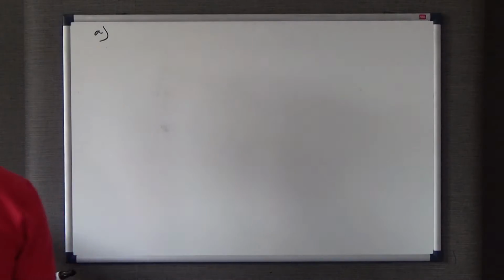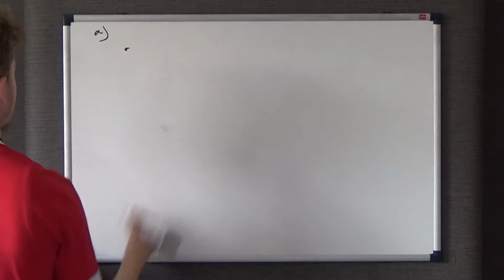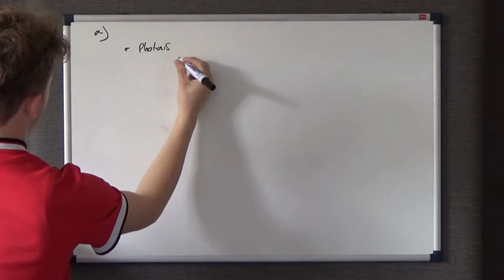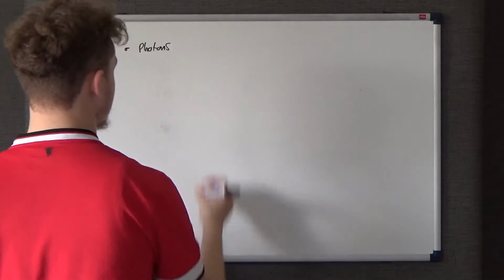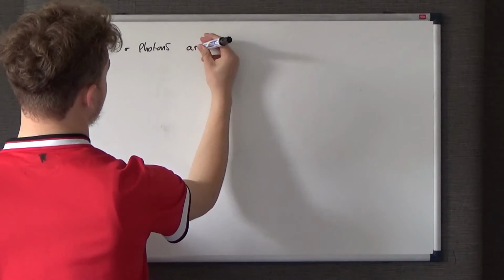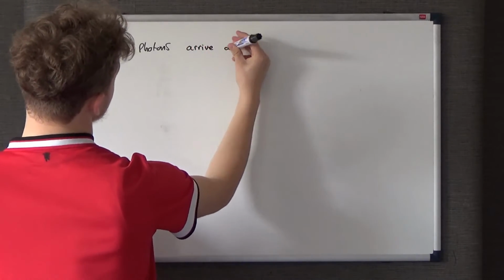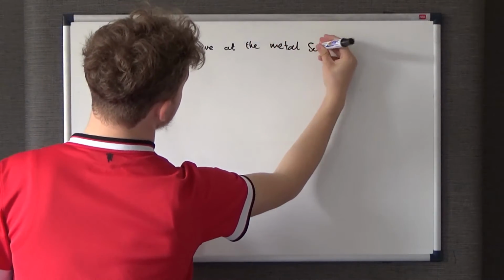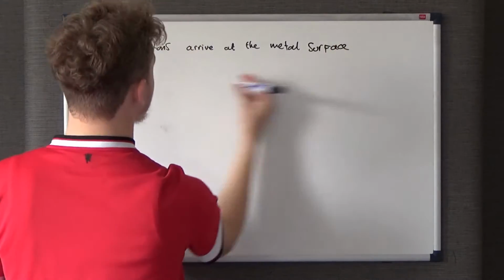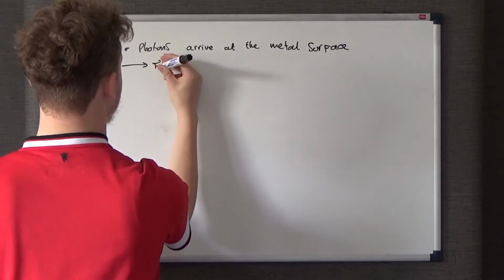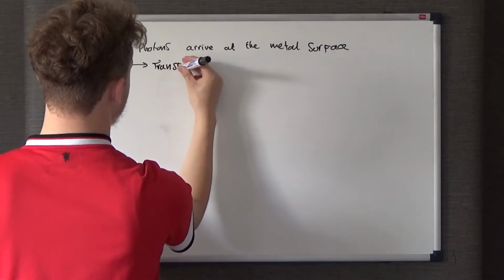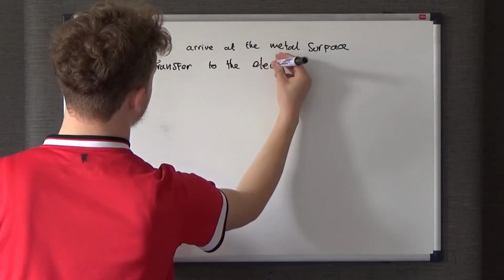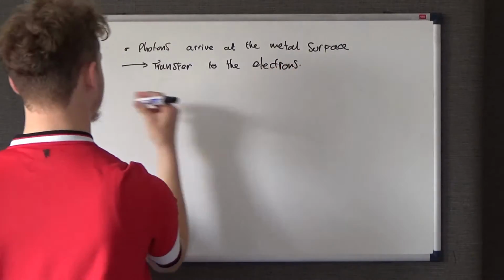The first point you would say, or a better way probably, would be saying that the instant photons arrive at the metal surface, they transfer their energy to the electrons in the surface of the metal.